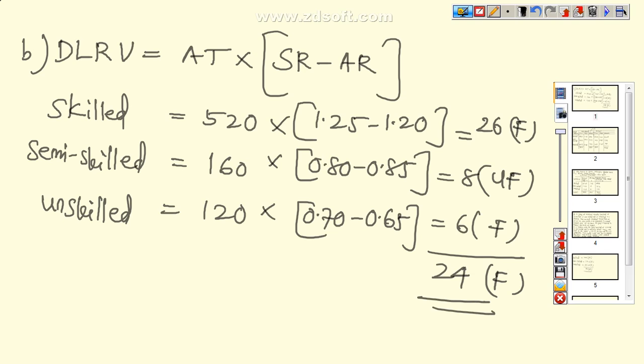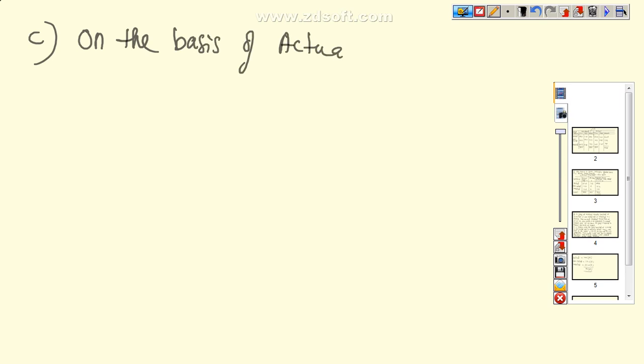Now after calculating direct labor rate variance, here the idle hours is given, so efficiency variance we can calculate on the basis of actual time worked as well as actual time paid. So here we write C, on the basis of actual time paid for.